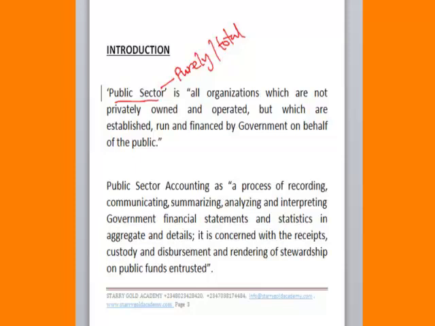Such an organization is referred to as public sector.